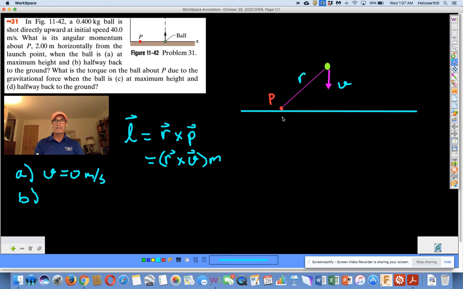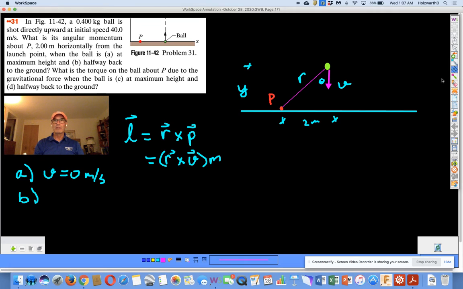Know that point P and where the ball was launched, that's 2 meters. The height that it came down, half the maximum height, that's on you, whatever that distance is. With some fancy geometry, you'll be able to determine the angle that this velocity vector downward makes with respect to r.